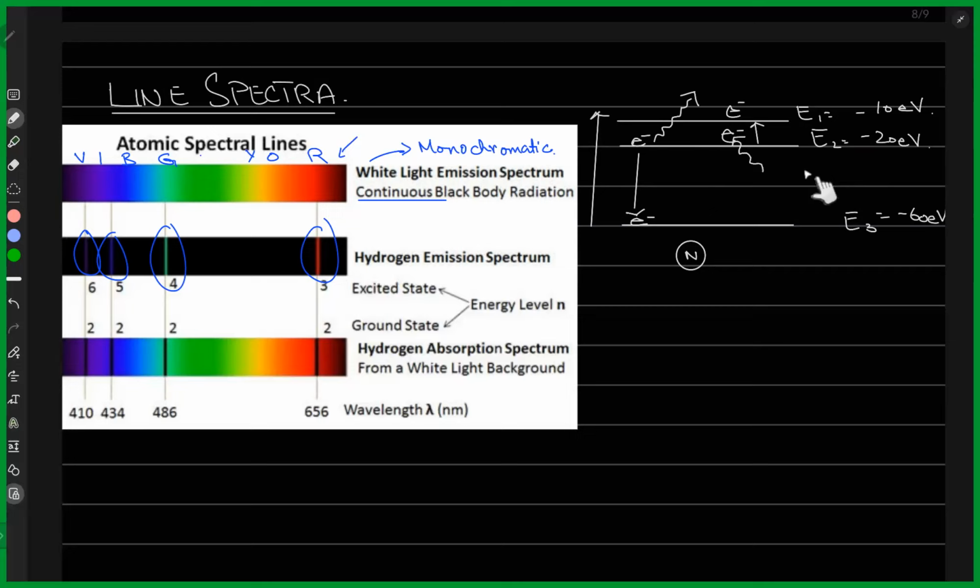So for example, the question might be: what energy of photon do I need to release so that it is capable of making this drop in the energy level? That energy should be equal to the difference between the two energy levels, right?